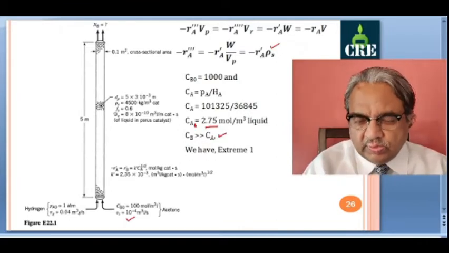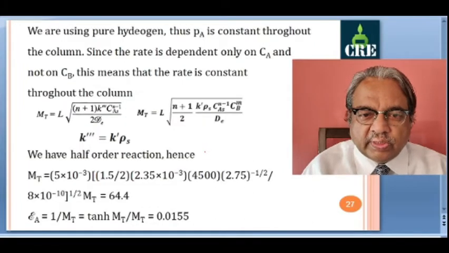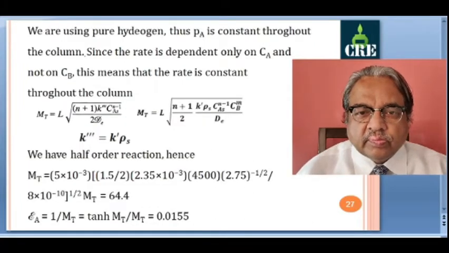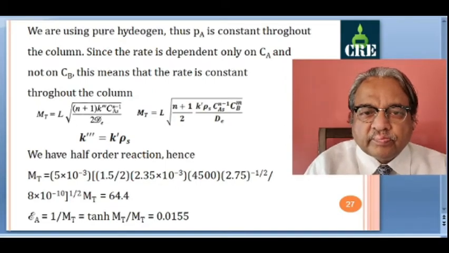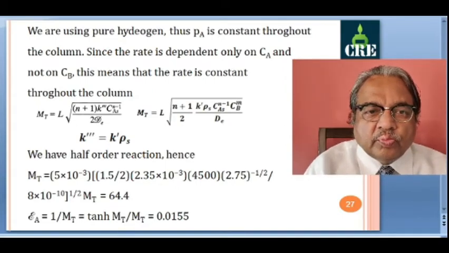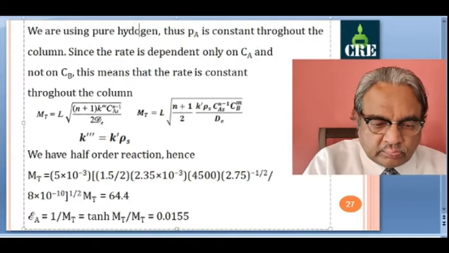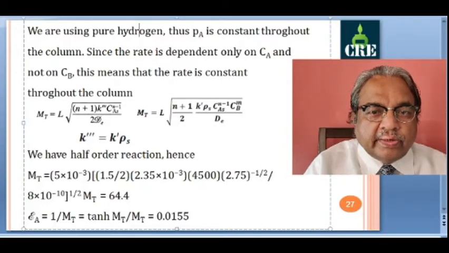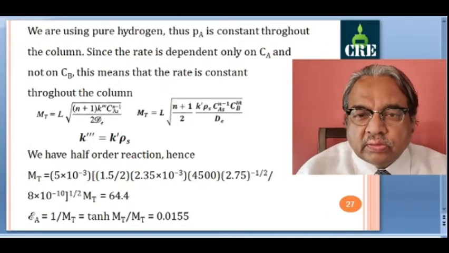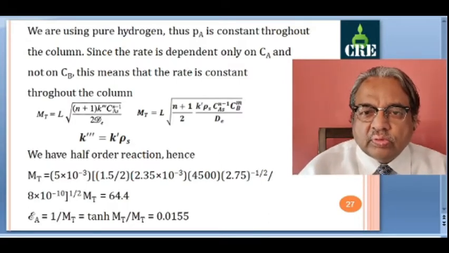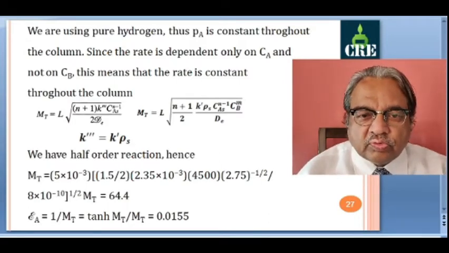So it is in large excess. So we have the condition extreme 1, and accordingly we will use our expressions. So we are using pure hydrogen, and Pa is continuously supplied, so it is constant throughout the column.